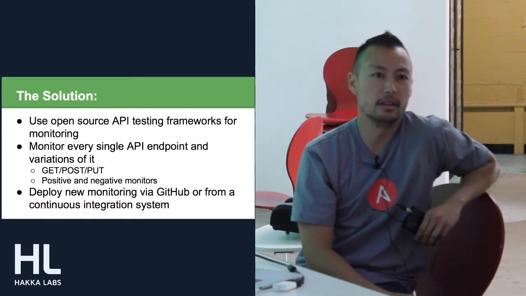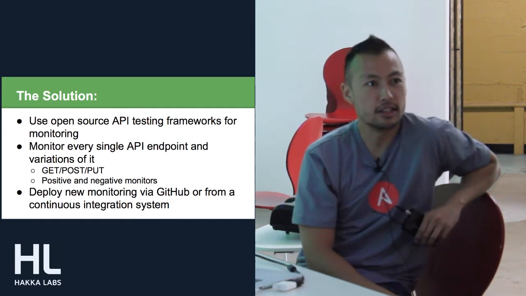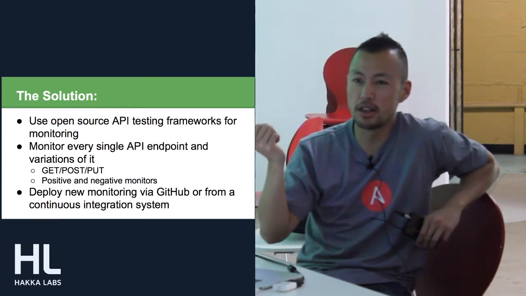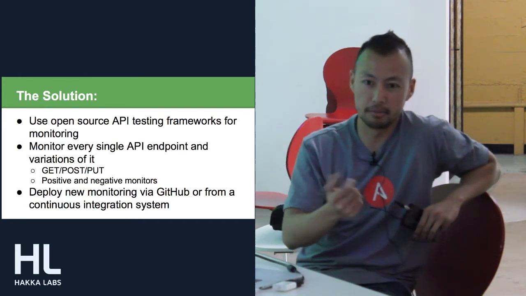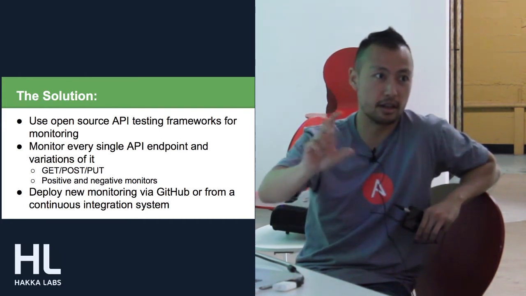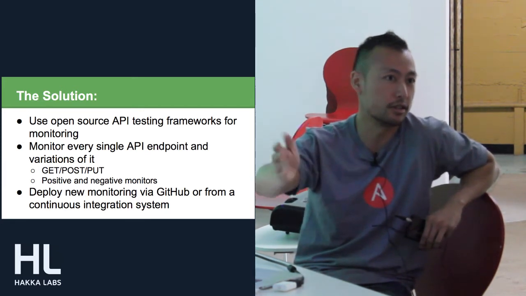Somewhat. Does it also give you latency on that? It does. This gives you all the metrics. It puts out regular JUnit test XMLs and stuff like that, which you can feed into your integration system also.